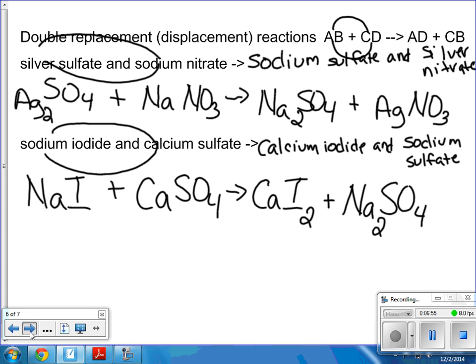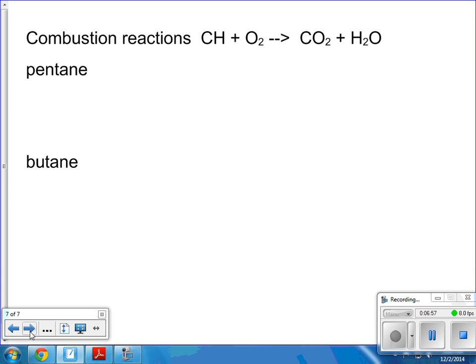And then lastly, we have combustion. These are really easy. On combustion reactions, we always have some kind of carbon-hydrogen compound. Our number of carbon and our number of hydrogen can change with every problem. But we always add to it oxygen gas. Our products are always carbon dioxide and water.